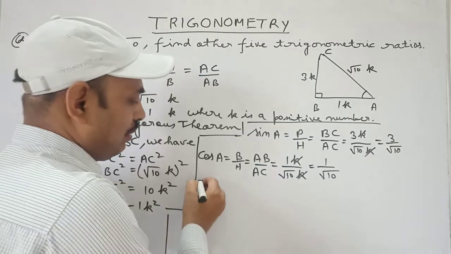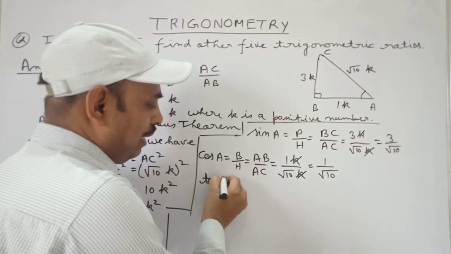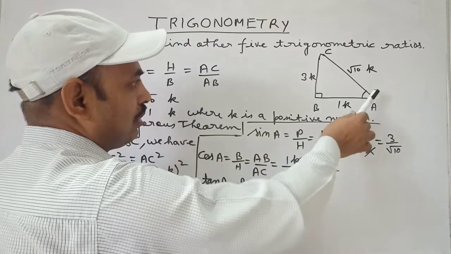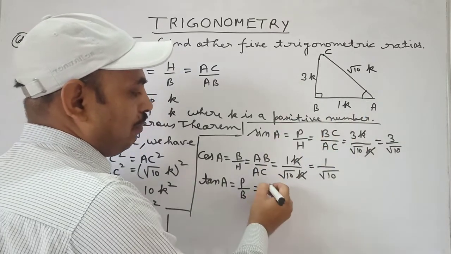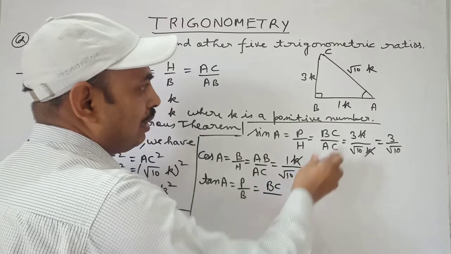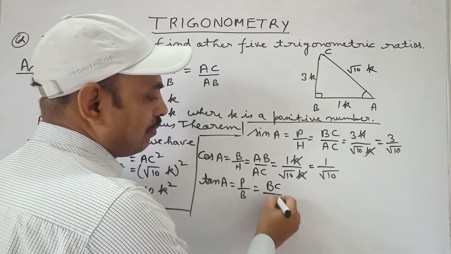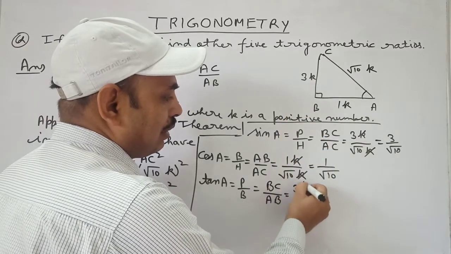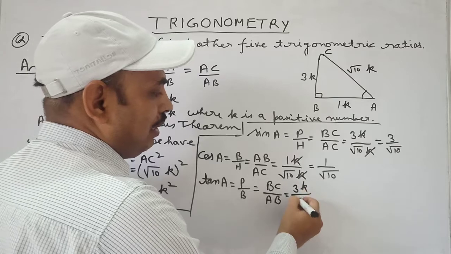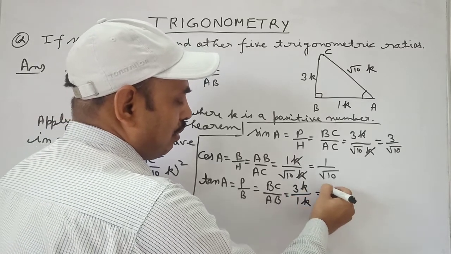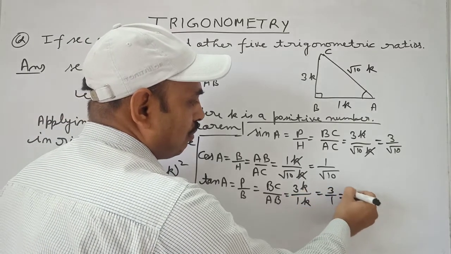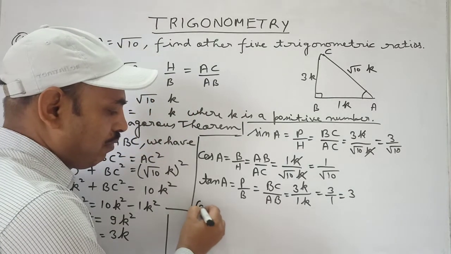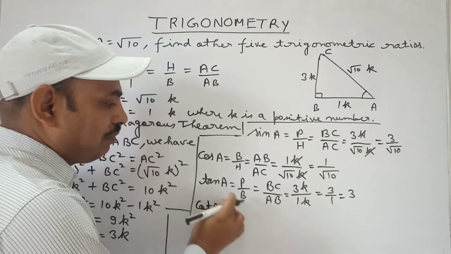Next is tan A. Tan A is perpendicular upon base. For this, BC is perpendicular and AB is base. So what is BC? BC is 3k. What is AB? AB is 1k. This is equal to 3 upon 1 equal to 3. Next is cot A. Cot is reverse of tan.